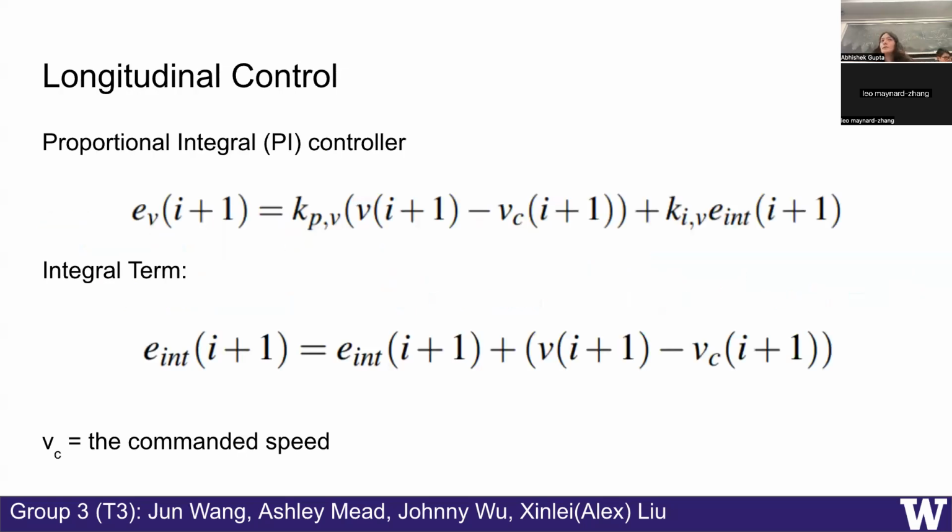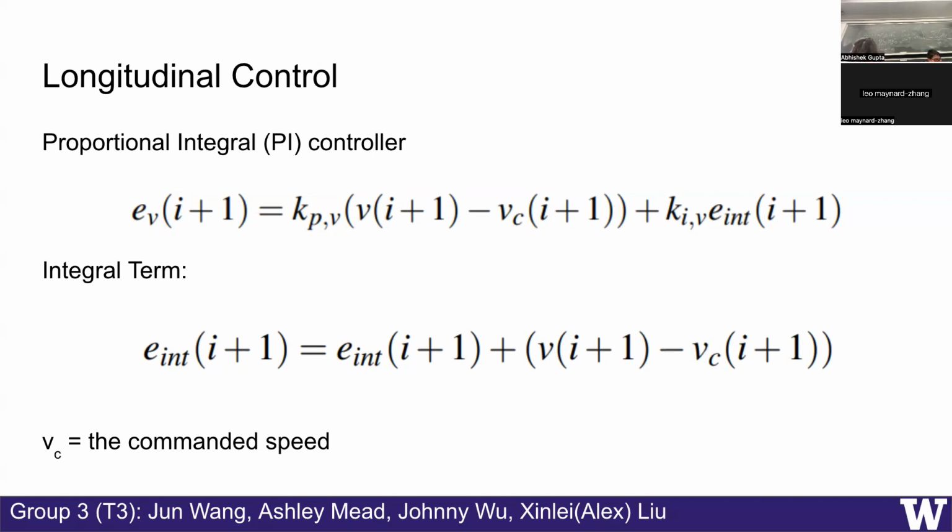For how much they move forward or backward, they used a PI controller. In this case, V is how much the car is actually going versus the commanded speed that the algorithm wants it to go. For the P term, we're just taking the difference between our expectation and reality.